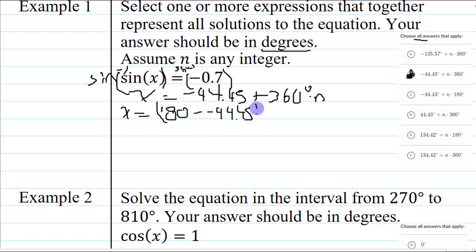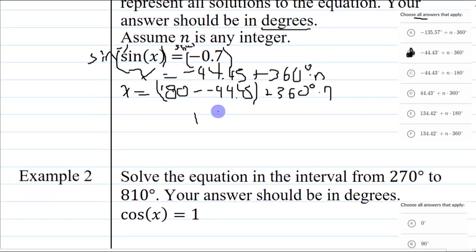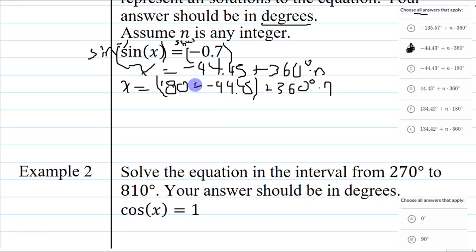This whole thing is my new theta that I can use, my new starting value, and I can always add any value of 360 degrees times n. And when we simplify 180 minus negative 44.45, the double negative turns into a plus. So what is 180 plus 44.45?